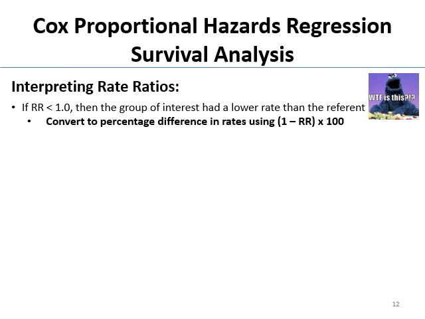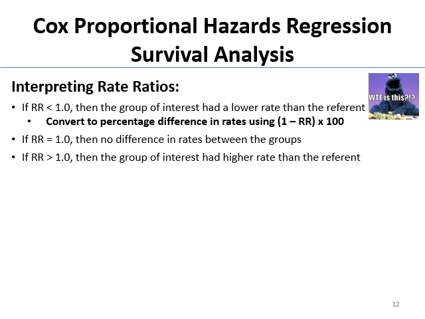And you can convert it to a percentage using a little handy dandy formula, just like the odds ratios. 1 minus the rate ratio times 100 gives you percentage difference. If your rate ratio is equal to 1, then there's really no difference in rates between the groups. That is another way of saying if it's not statistically significant, for all intents and purposes, your rate ratio is 1. There's no difference between the groups' rates. It's like an odds ratio of 1.